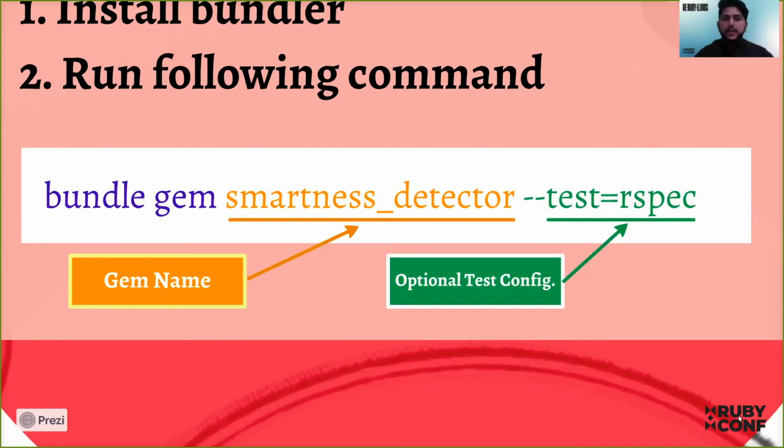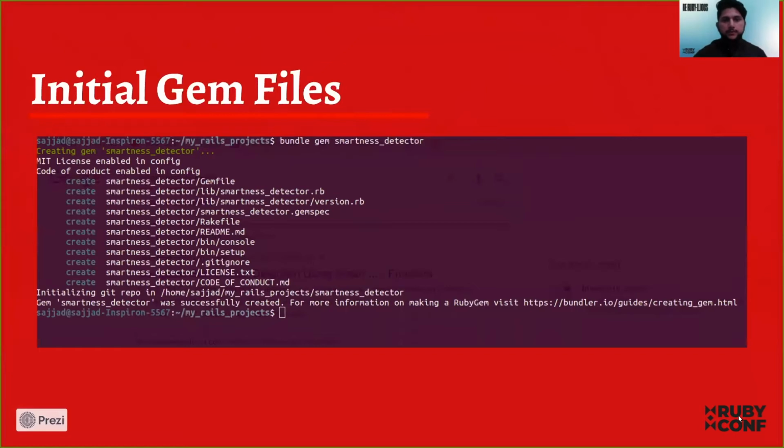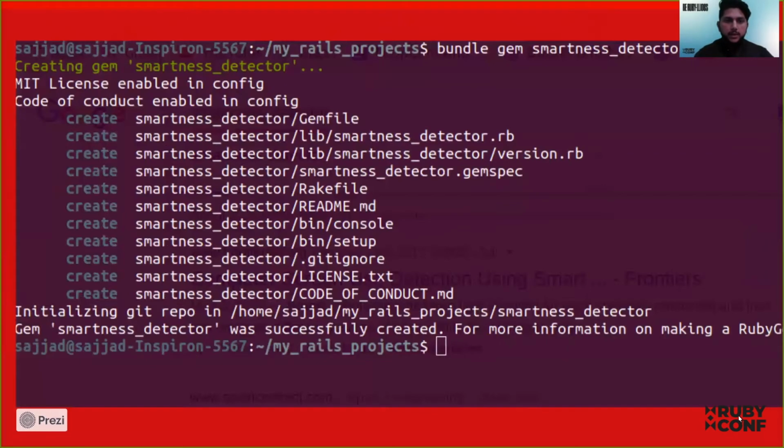When I run this command on the terminal, I get this kind of output. This suggests that Bundler has created the initial structure for our gem. It includes a lib folder, a Gemfile, and a gemspec file. We will discuss all of these in detail in this session.